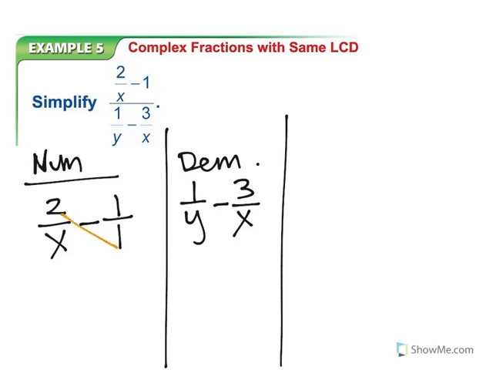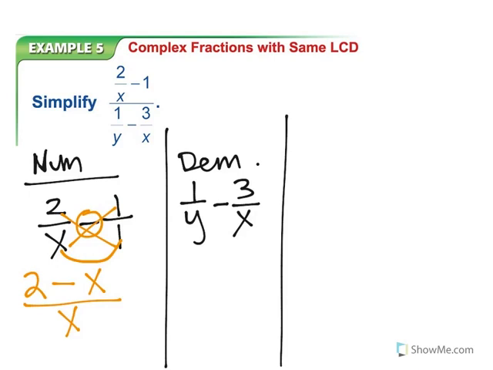So, we have 2 times 1, which is 2. Take our middle sign, which is negative. x times 1, which is just x, divided by, don't forget we need our smile, so x times 1, which is x.